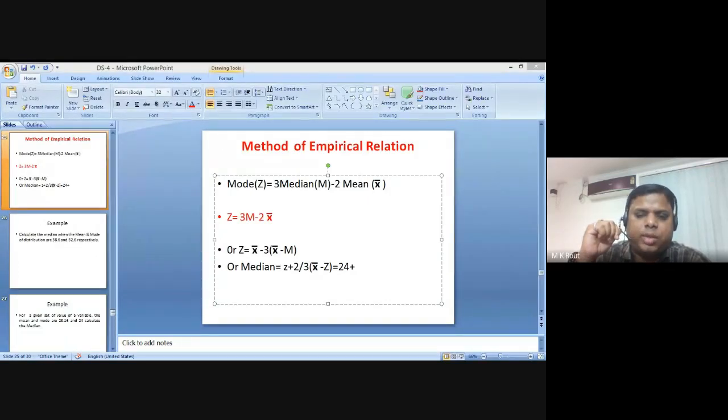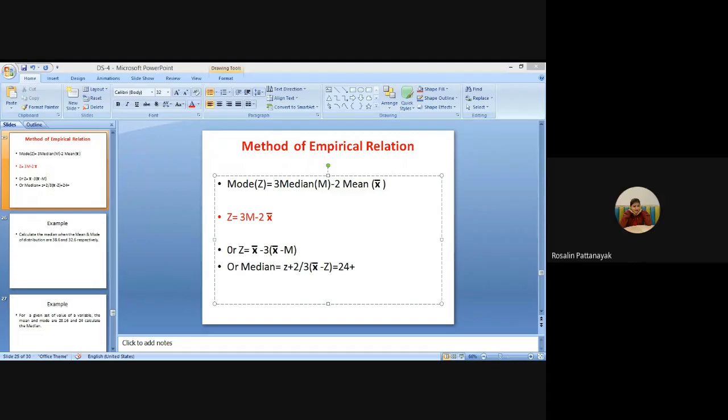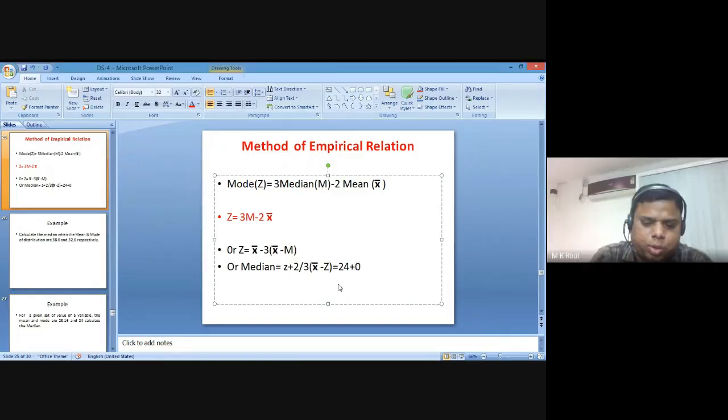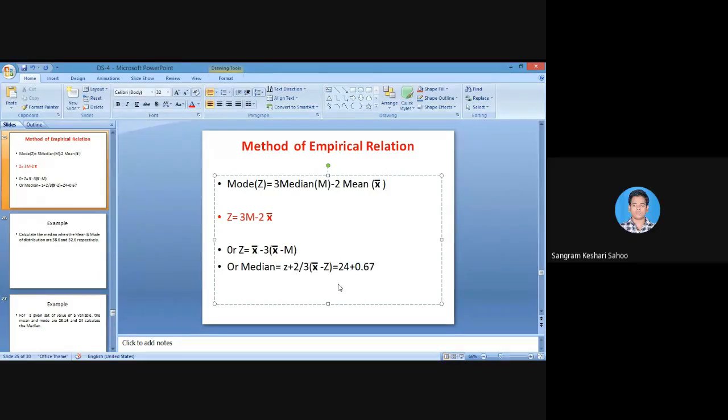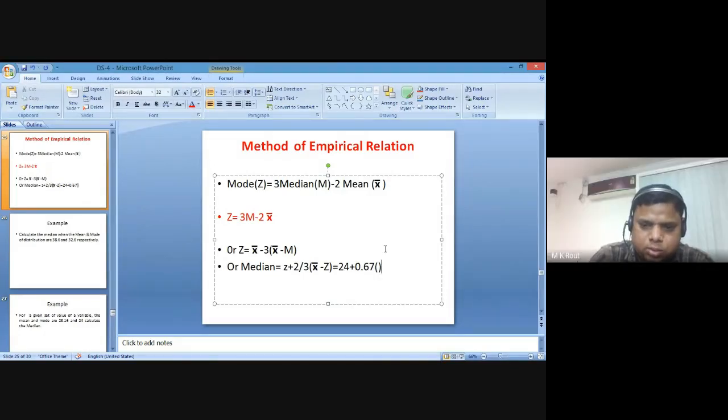If you simplify 2 by 3, what is the answer? 0.67, sir. 0.67 into that 4.16. Okay, 4.16.